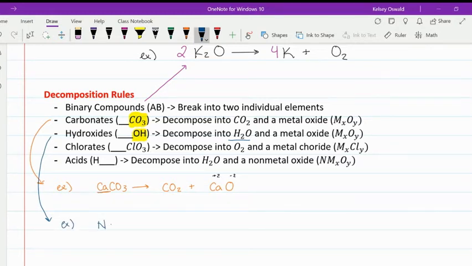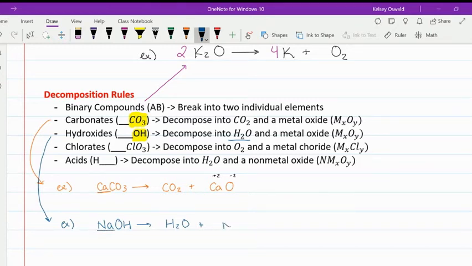sodium hydroxide, NaOH. Since we have a hydroxide, when this decomposes, one of our products is always going to be water. So we know it's going to be H2O. And our other product is going to be a metal oxide. So looking at our sodium hydroxide, our metal here, that's our sodium.